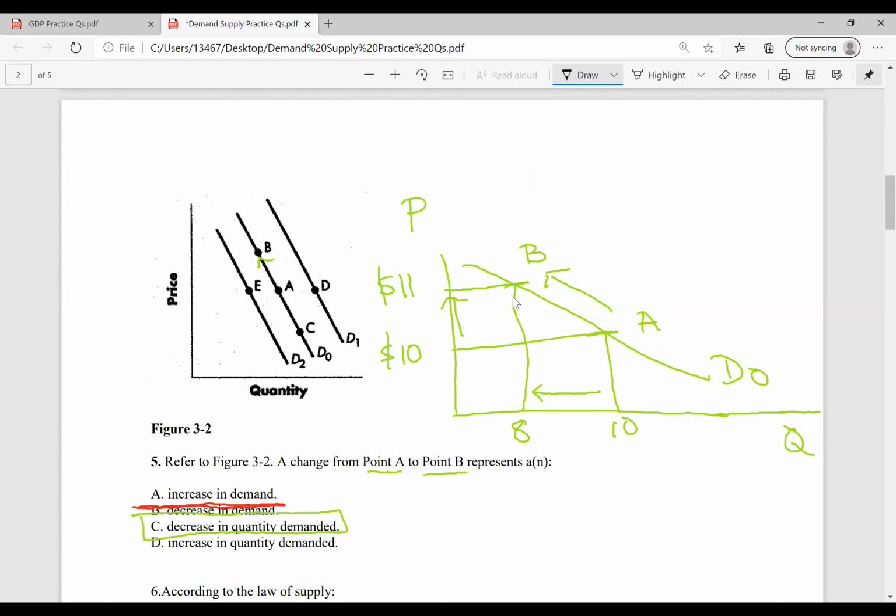Any kind of movement, I'm going to use the word quantity here. That means if I'm moving from A to B here, my quantity is going down. So I say there is a decrease in quantity demanded. Okay.